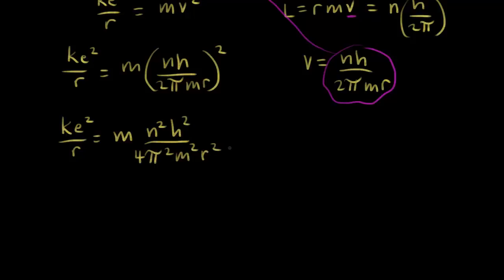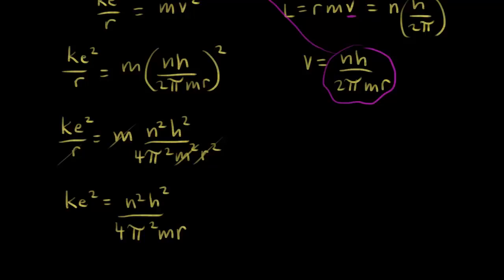We can cancel out one of these m's and one of these r's. So now on the left side we would have k e squared is equal to n squared h squared over 4 pi squared, with one m left and one r left.